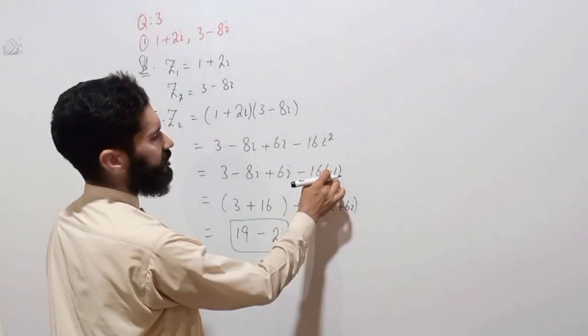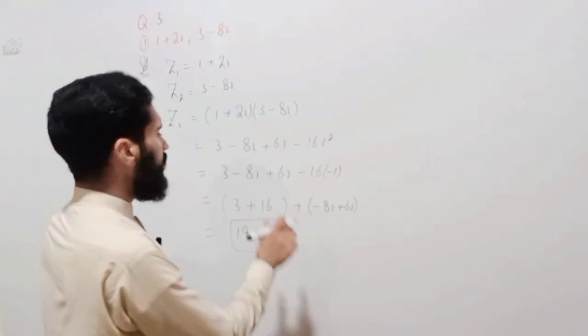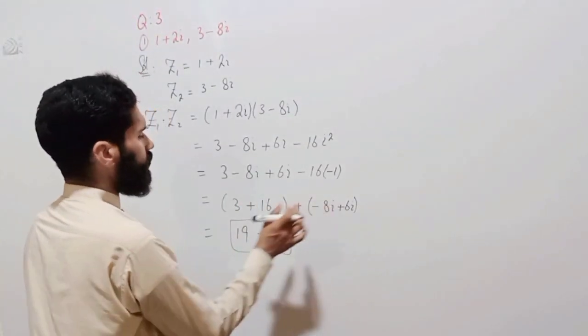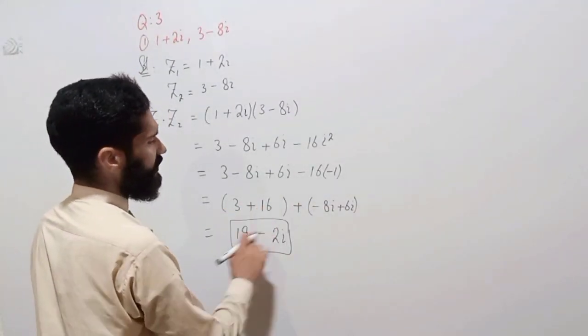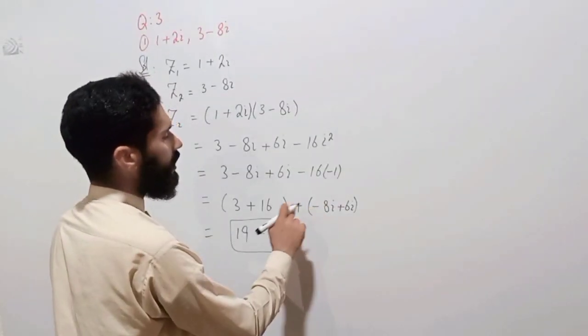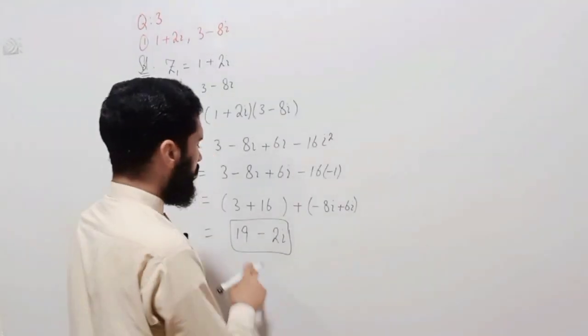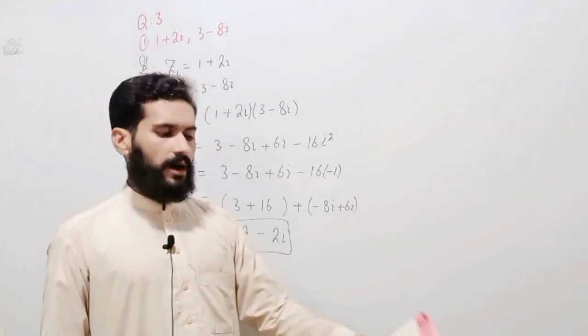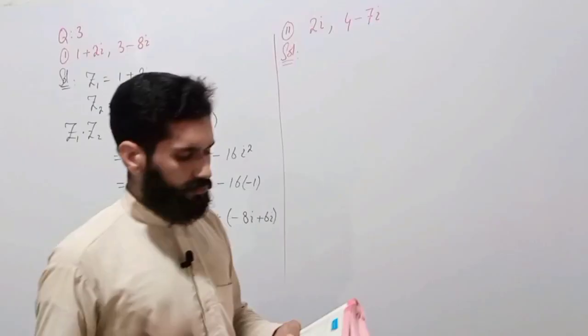Minus times minus is plus. For the real part, 3 plus 16 gives 19, and for the imaginary part, minus 8 plus 6 gives negative 2 iota. So we get 19 minus 2 iota as the required result.